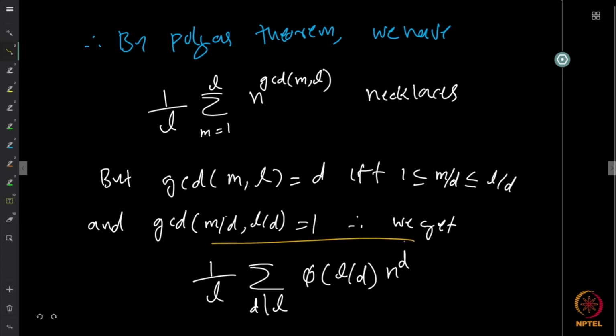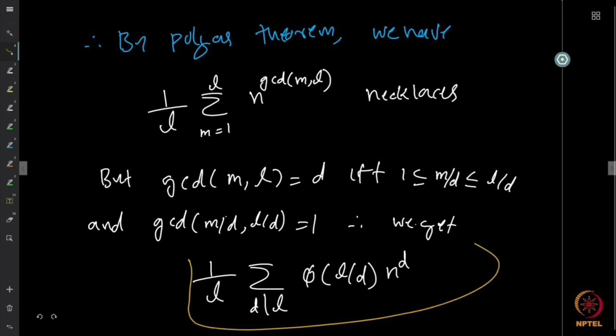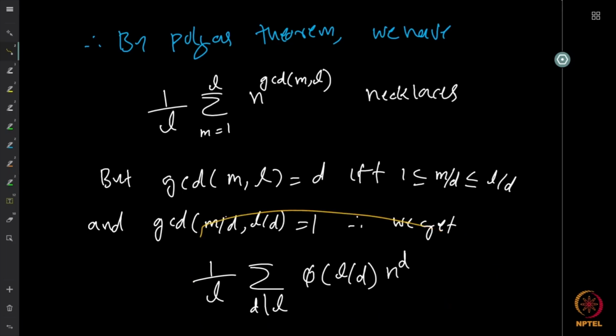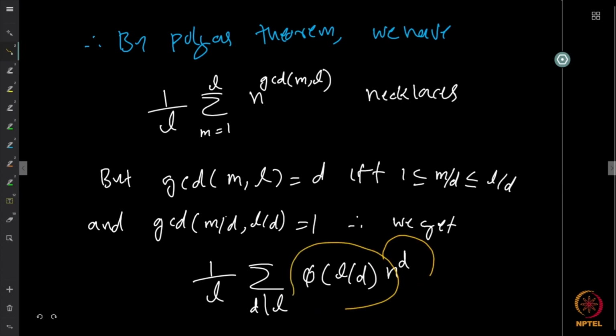So using this, we can write this same summation as a sum over all the divisors of L, 1 by L summation D dividing L. Now n raised to D, how many times does it appear? It appears exactly phi of L by D times, because those many numbers will be coprime to D, right?